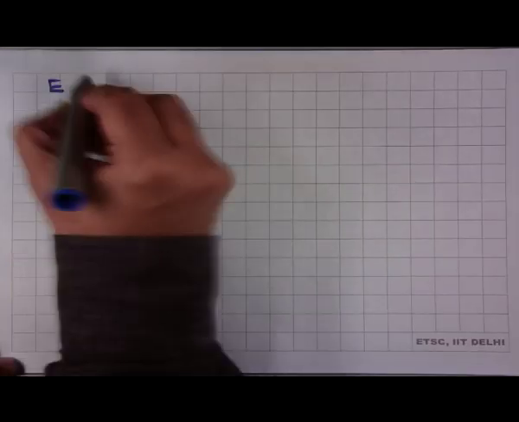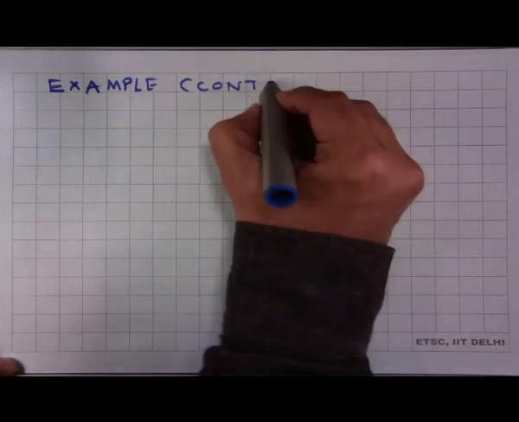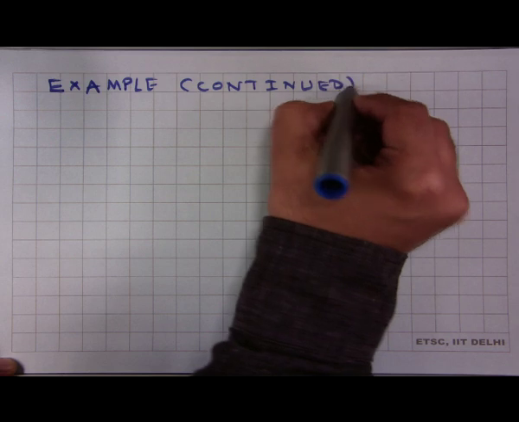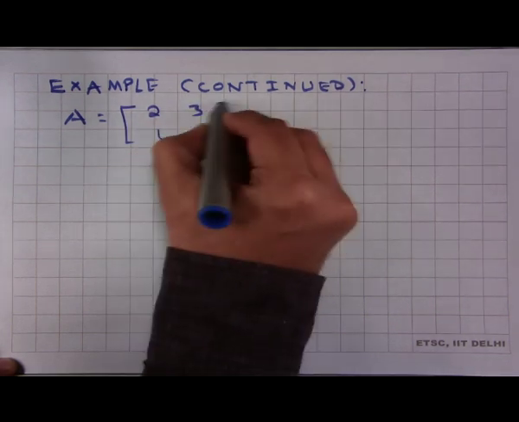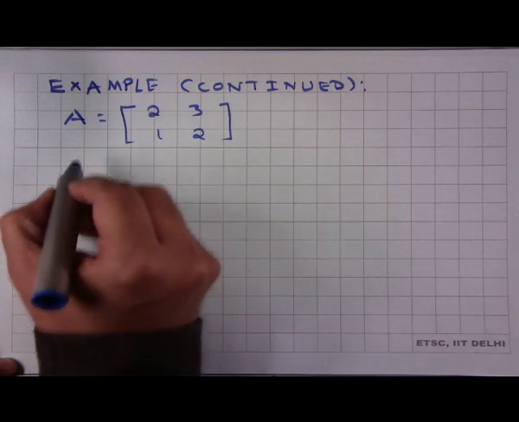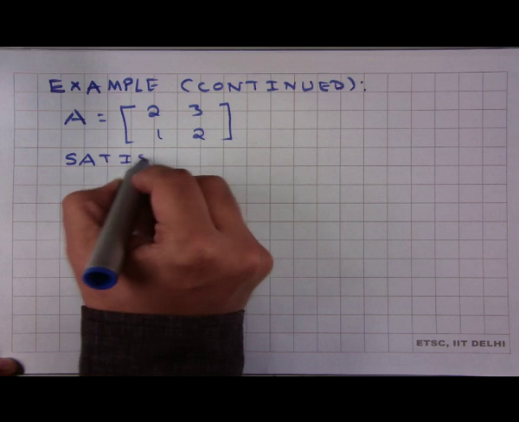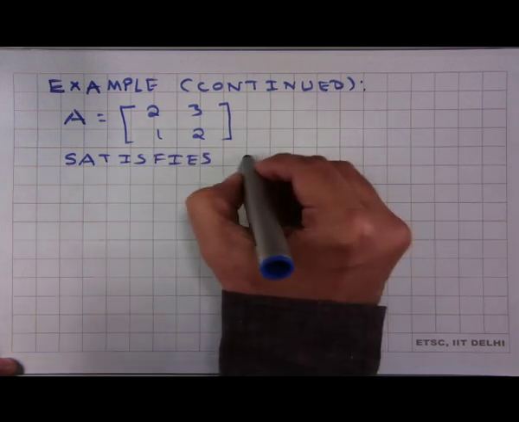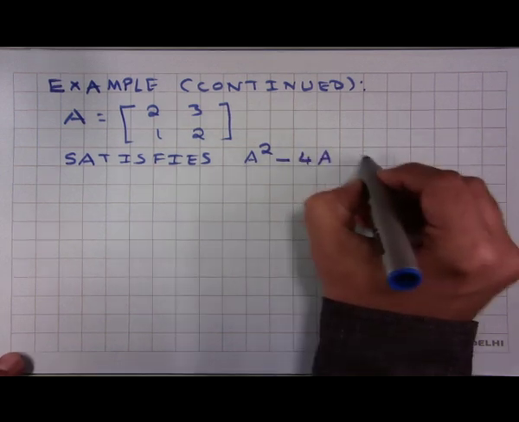So, if we continue the previous example, the matrix A, which is defined to be 2, 3, 1, 2, can also be shown to satisfy the equation A square minus 4A plus I equal to 0.